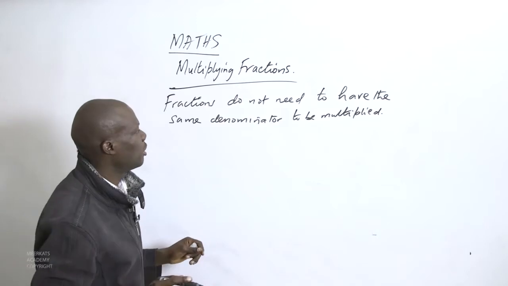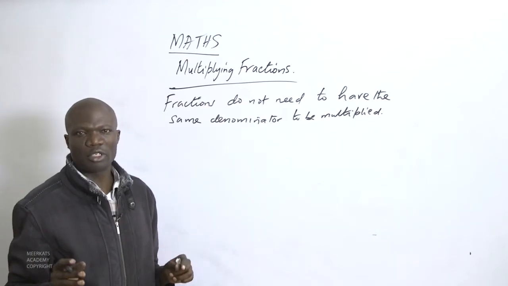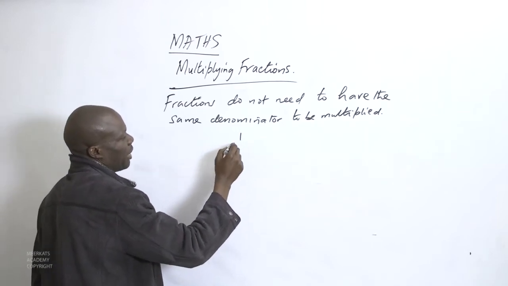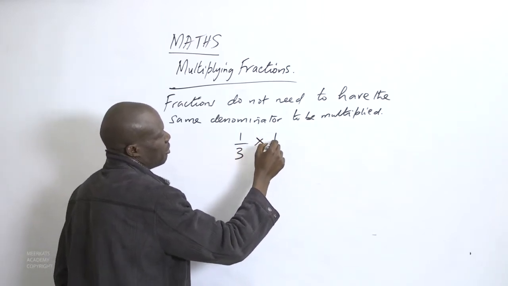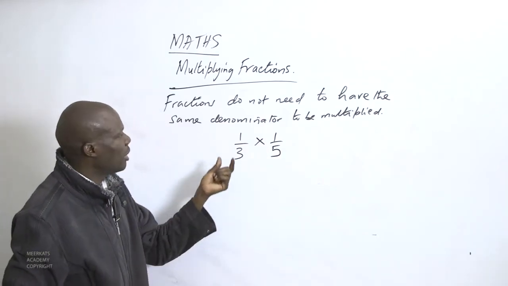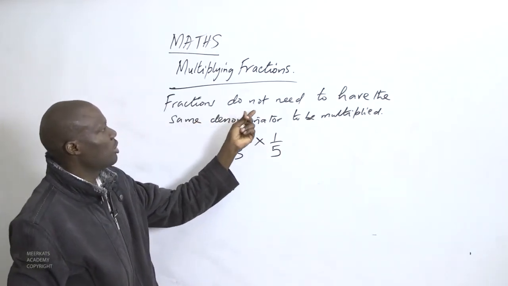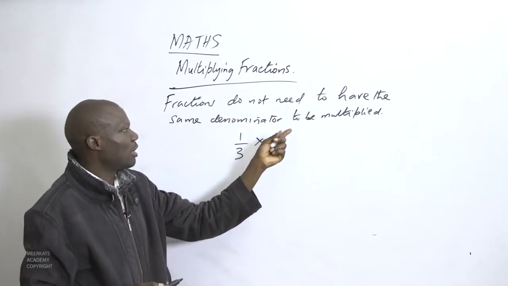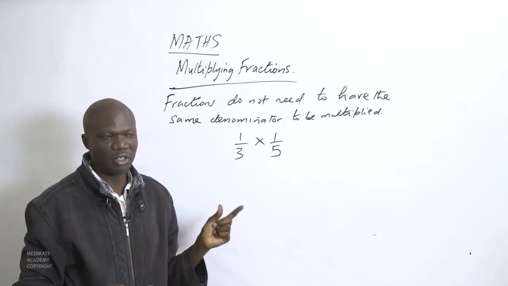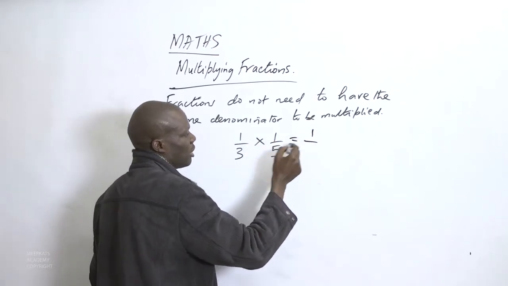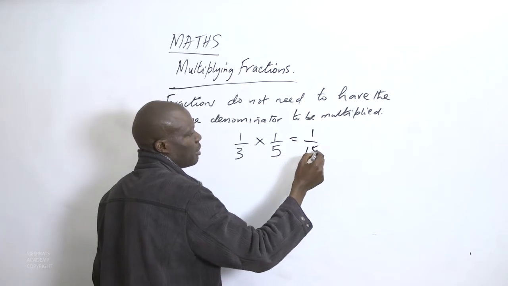So for fractions, it's not like addition or subtraction where the denominator has to be made the same, but we can multiply any fraction without caring about the denominator. So we do not need to have the same denominator to be multiplied. So if we multiply this, numerator 1 times 1 is 1, and 3 times 5 is 15.